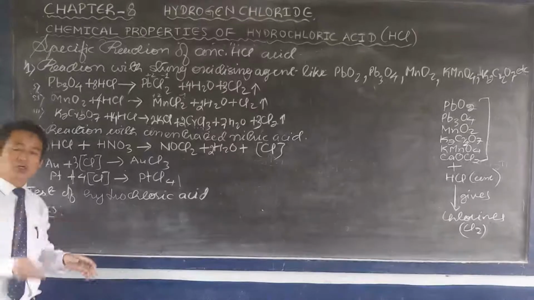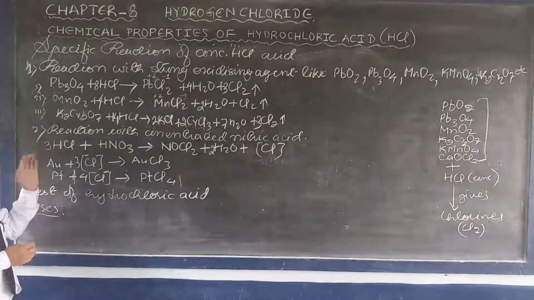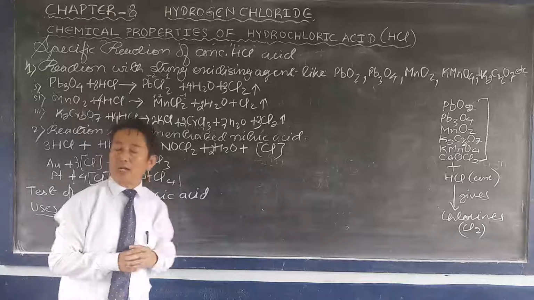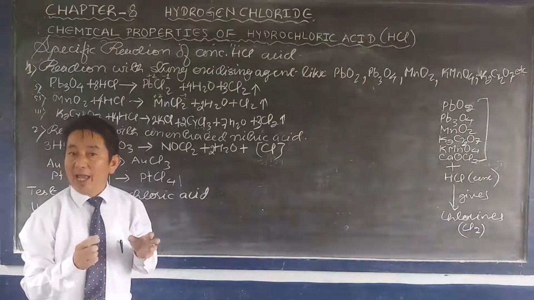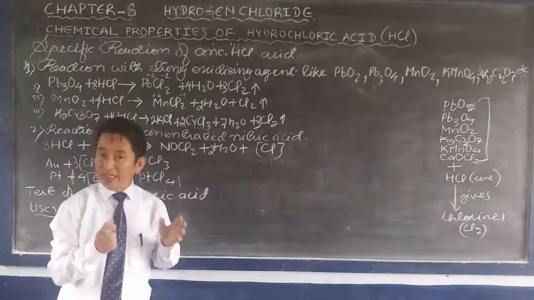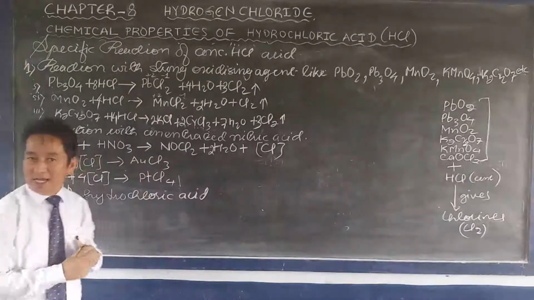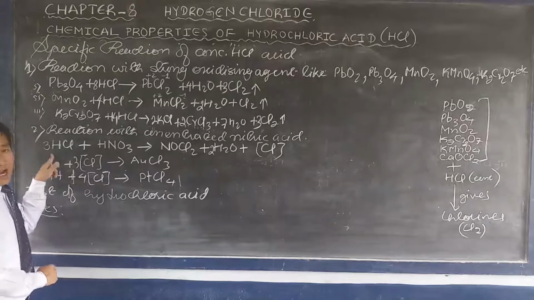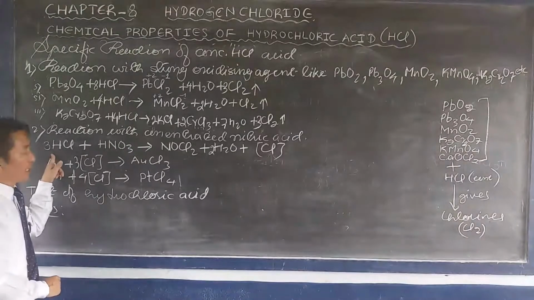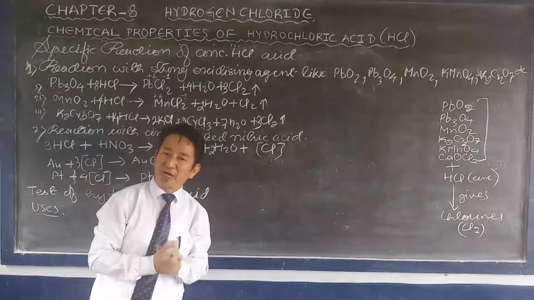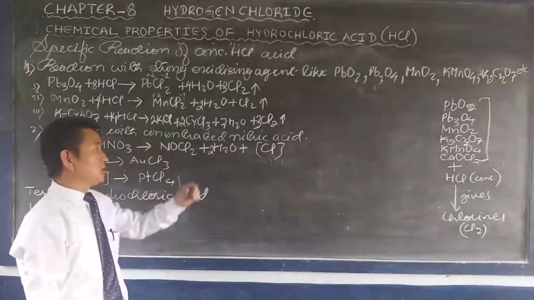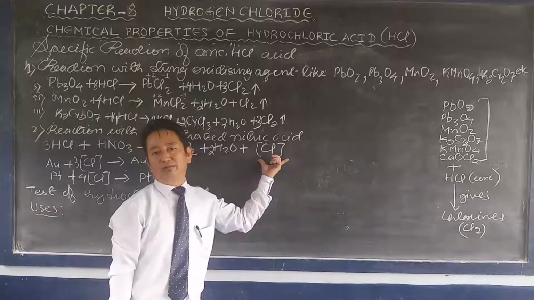Now next, the reaction of concentrated hydrochloric acid with concentrated nitric acid. When 3 parts of concentrated hydrochloric acid reacts with 1 part of concentrated nitric acid, it produces aqua regia. Now what is aqua regia? Aqua regia is a mixture of 3 parts of concentrated hydrochloric acid and 1 part of concentrated nitric acid, and it produces nascent chlorine.